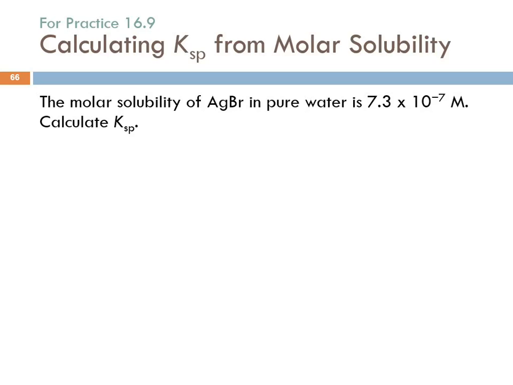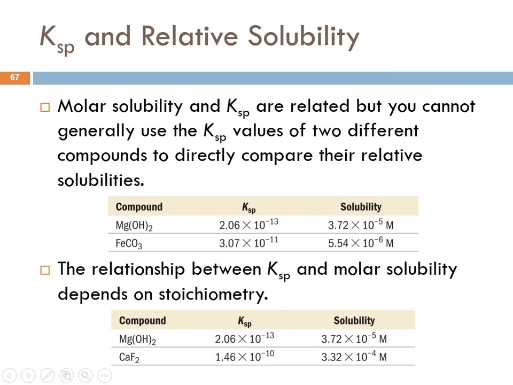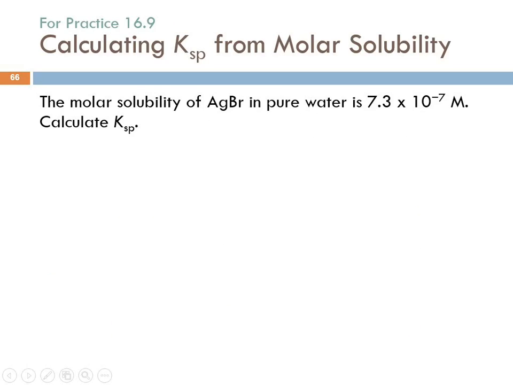We can also calculate KSP from the molar solubility. So the molar solubility of silver bromide in pure water is 7.3 times 10 to the minus 7. What's KSP? Let's think about what's going on. We've got silver bromide dissolving to form silver ions and bromide ions.